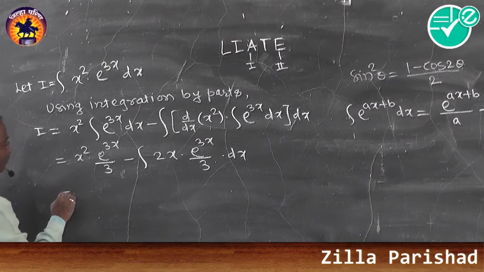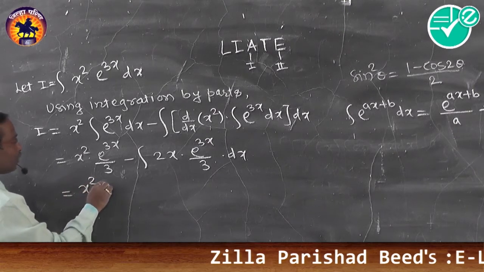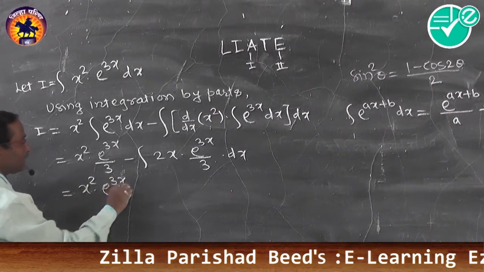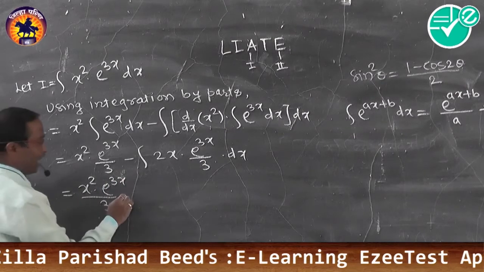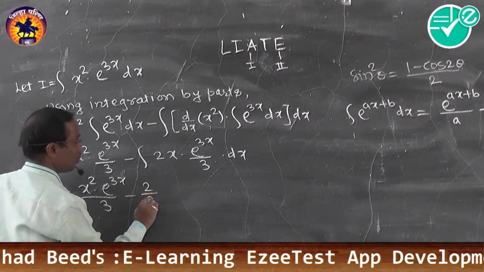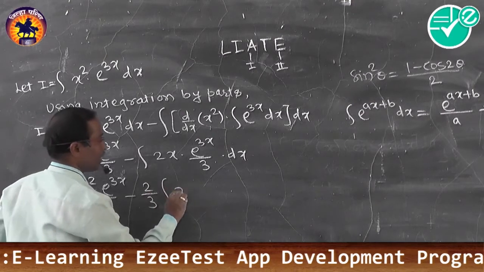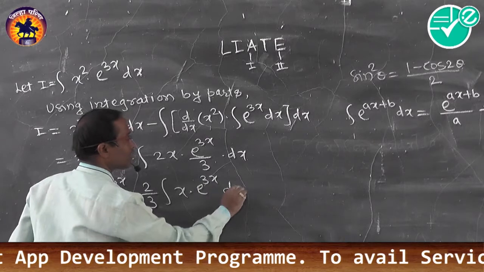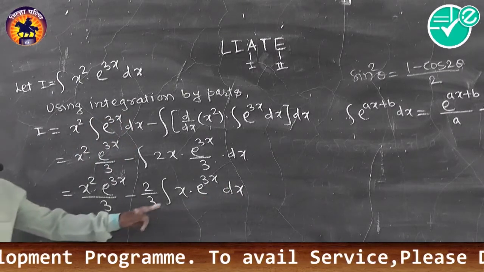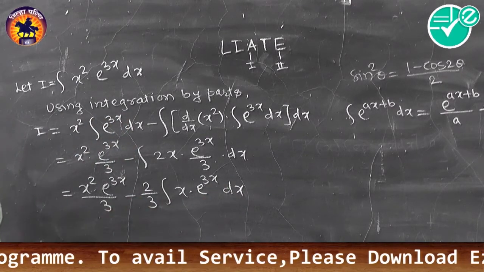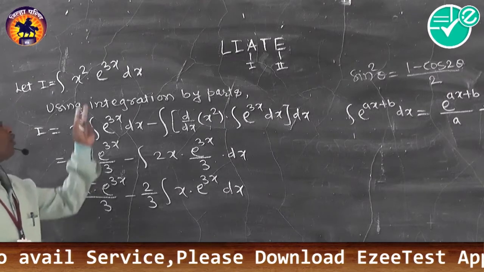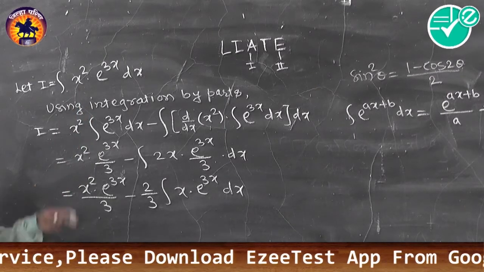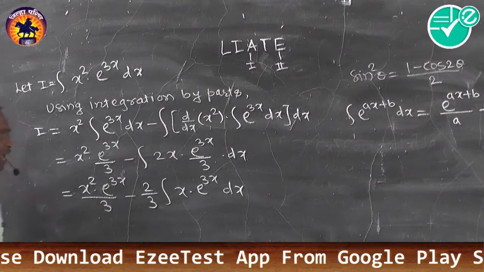We get x square into e to the power 3x upon 3 minus 2 by 3 into integral of x into e to the power 3x dx. Again, this integrand function contains the product of two functions. Again, we apply the integration by parts.